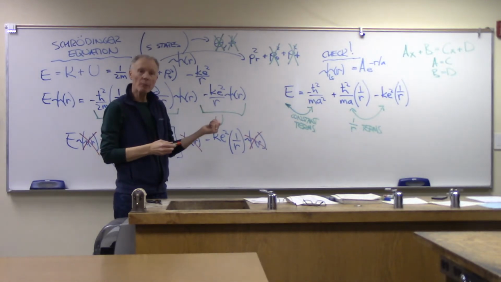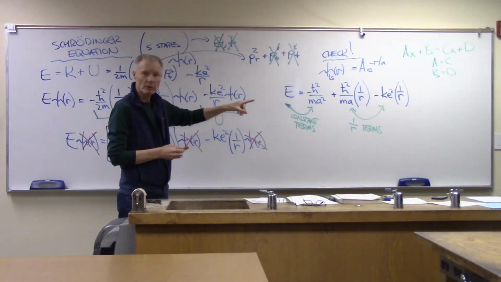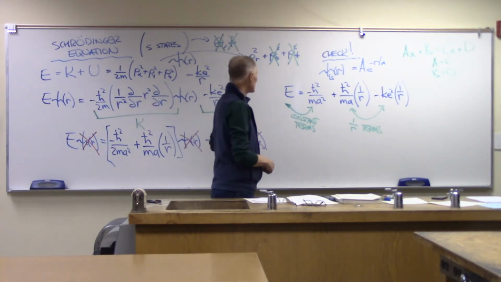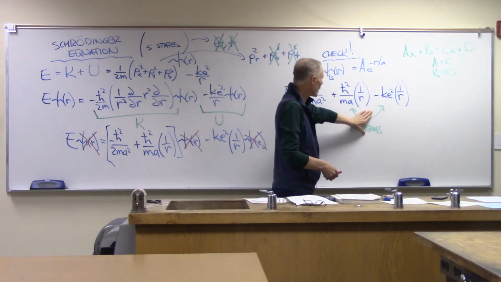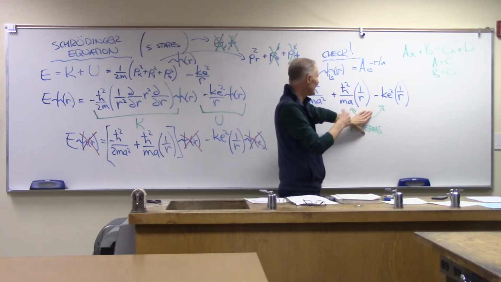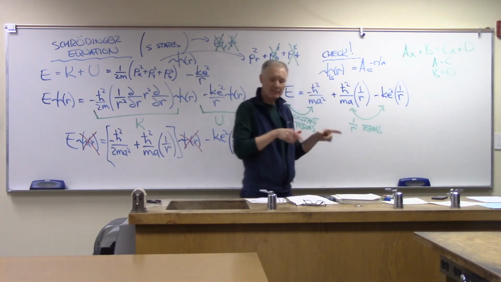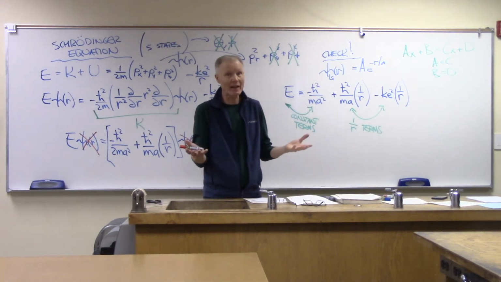Well, we're trying to accomplish the same thing with our differential equation solution. So what we're saying at this point is, the constant terms have to equal each other, and the 1 over r terms also have to equal each other. You can think of this as equaling each other or canceling out.